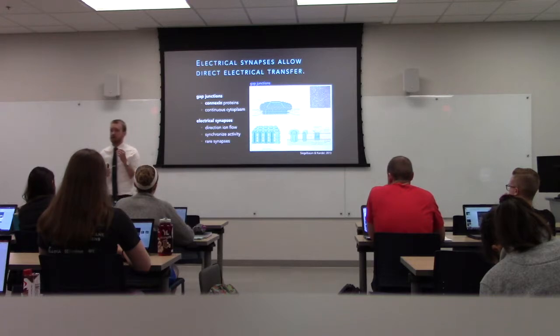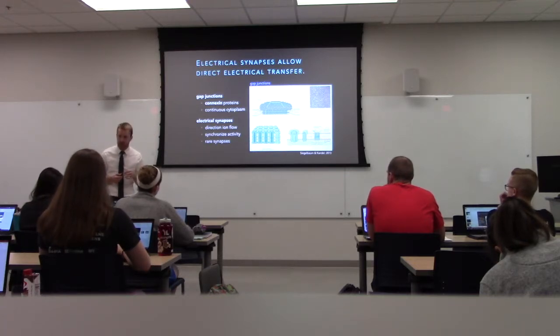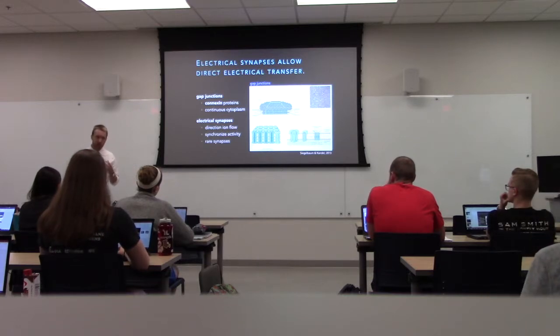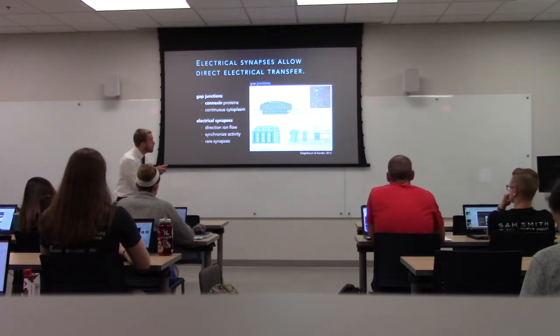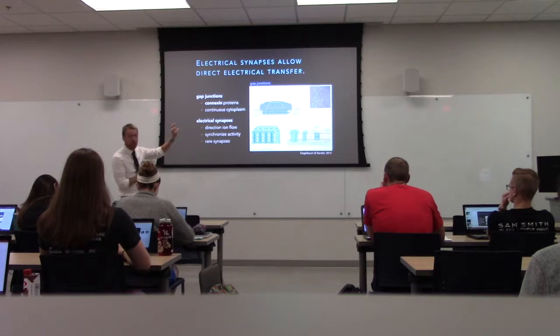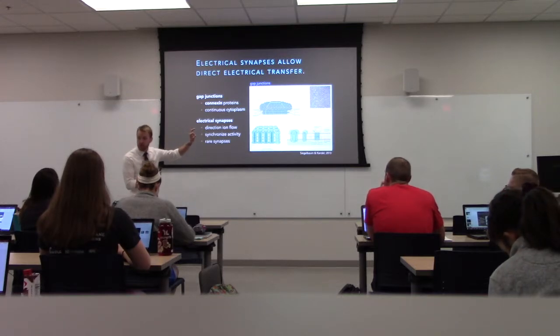The way that they act together is by creating these continuous pores where they actually share their cytoplasm. So the electricity in one cell can directly transfer to the other, and that's what we call gap junctions. They're created by these connexin proteins. Here's a cartoon version, here's an electron micrograph showing you these little tiny pores. All of those little donuts there are connexin proteins.